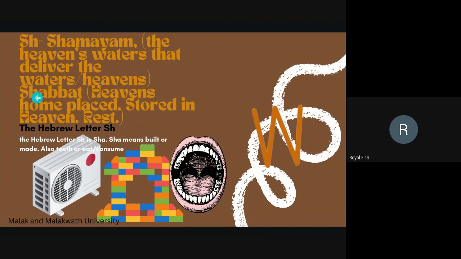We also have Shabbat. So heavens, home placed or to store in heaven or to rest. So the Hebrew letter Shah or Sh is Shah. Shah means built or made. Also teeth or eat or consume.